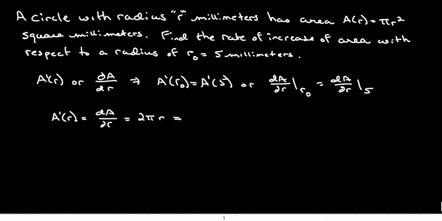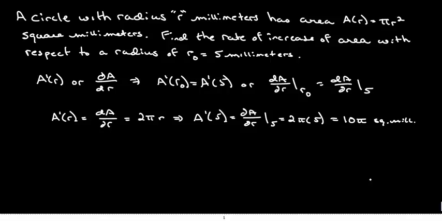Now what we need to do is take that and evaluate it at 5. So we need A prime of 5, which is the rate of change of the area with respect to the radius when the radius is 5, and that's 2 times pi times 5, which gives us 10 pi, and that's of course an area, so that's in square millimeters.